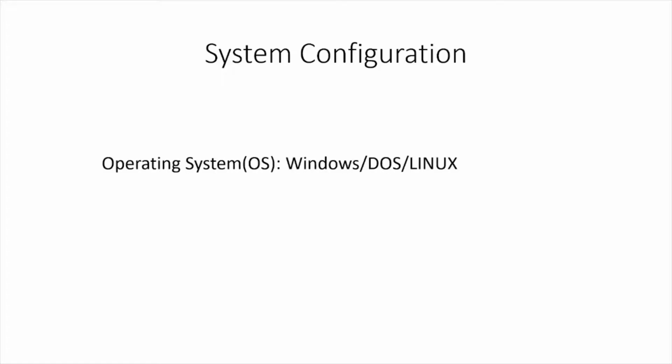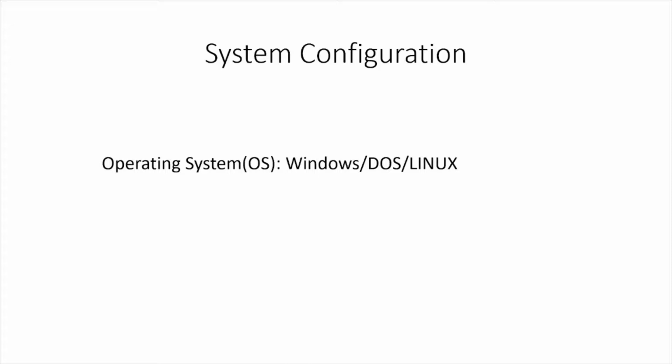Operating system. The operating system is the primary software on which a computer works. Simply put, how a computer performs a task, how it has to work, how it has to take the input and give the output, everything depends upon the operating system.